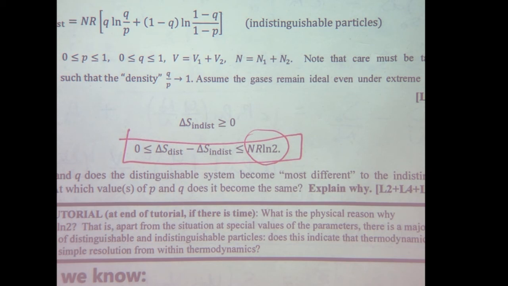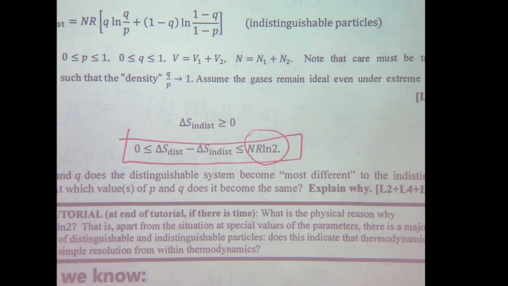Well, the particles have more room, right? If you open another volume, they have more room per particle. So I guess if we think of entropy as a measure of disorder, then there can be more disorder. Okay.